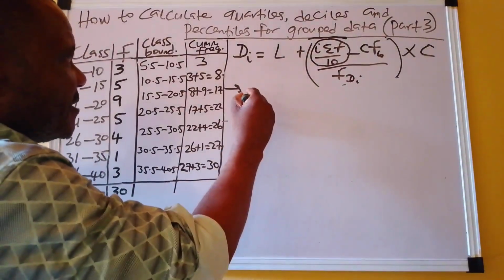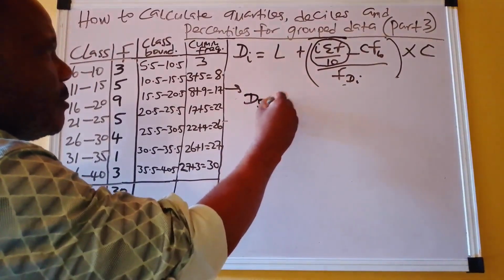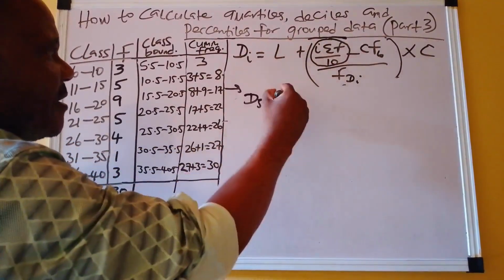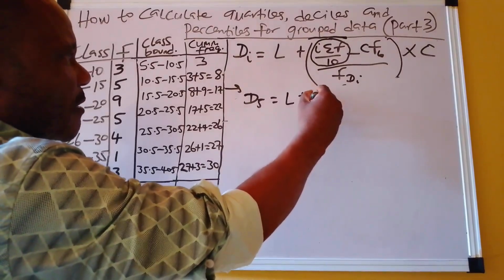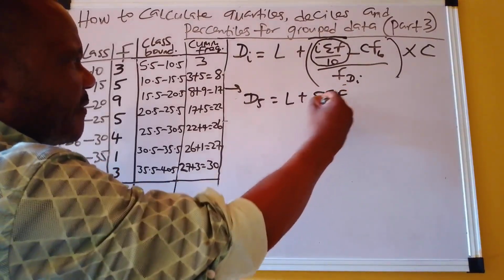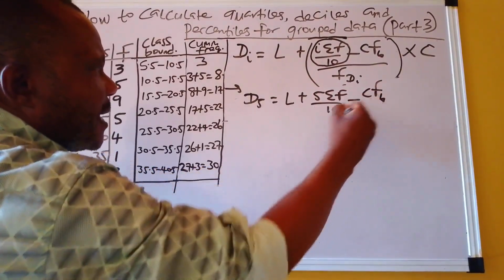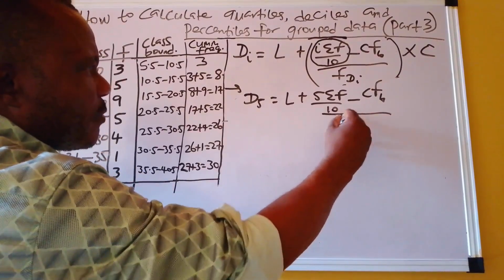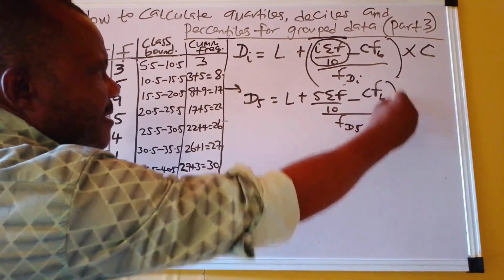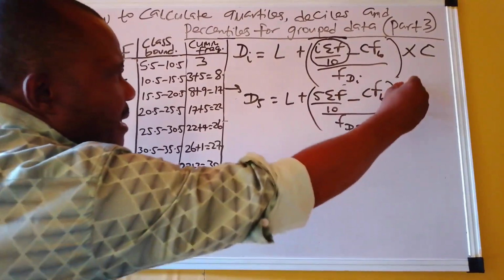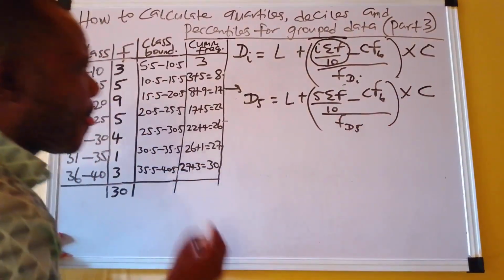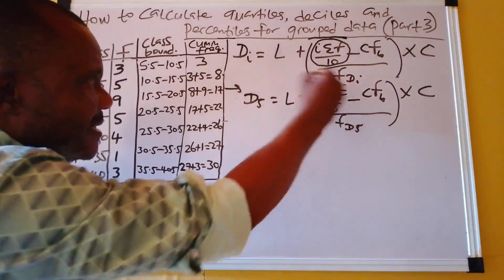So our D5 will be, that means our i here is 5, will be L plus 5 summation f all over 10 minus the cumulative frequency before that class all over the frequency of the D5 class times, of course, our class width. Now again, the determinant is this.